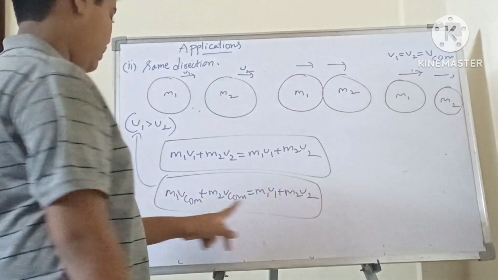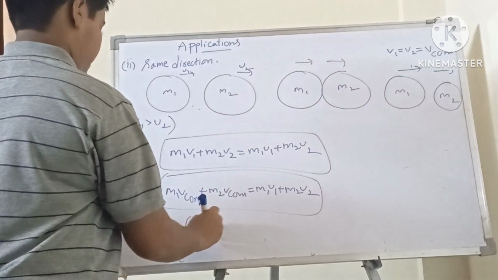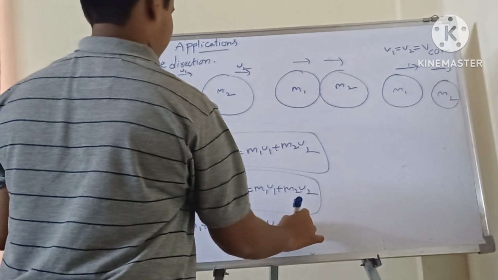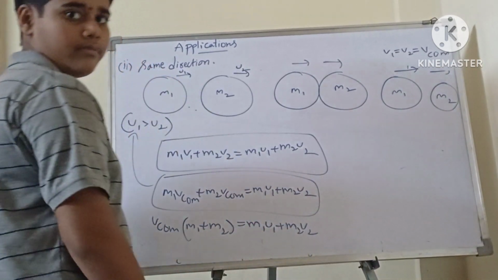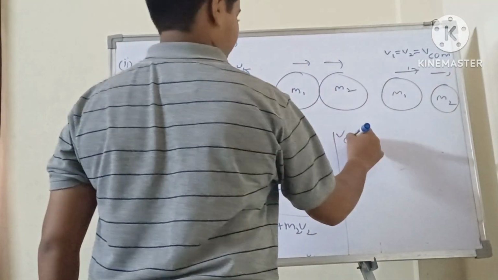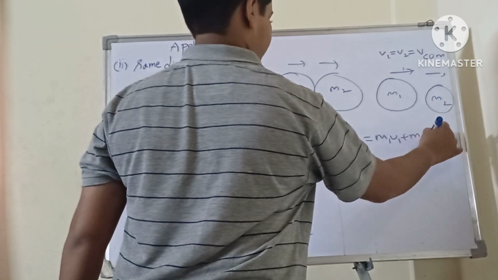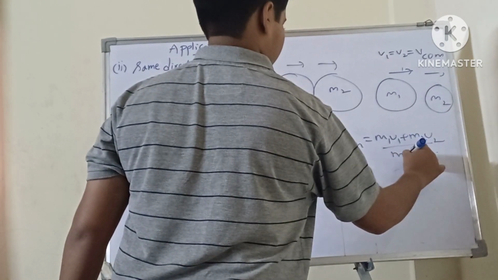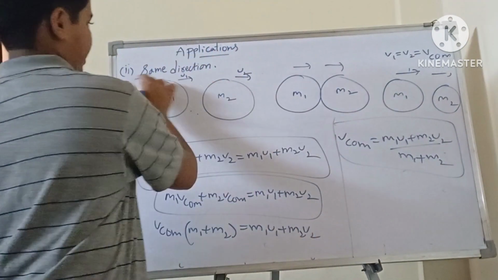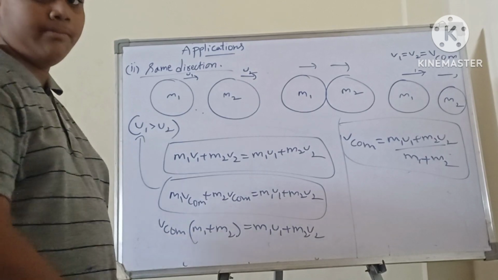Okay. If we take vcom common, vcom times m1 plus m2 is equal to m1 u1 plus m2 u2. So here vcom is equal to m1 u1 plus m2 u2 by m1 plus m2. This is the common velocity formula when two bodies travel in the same direction.